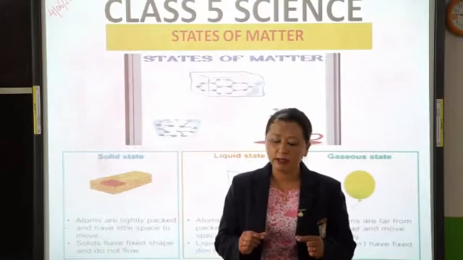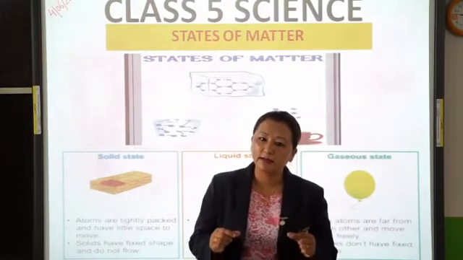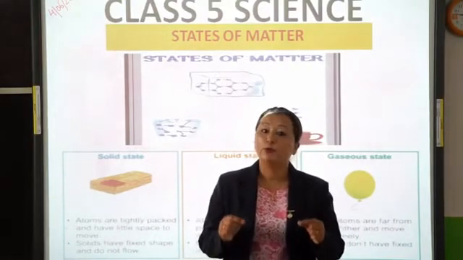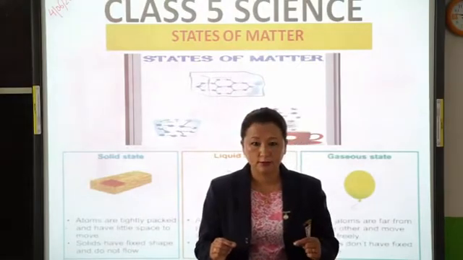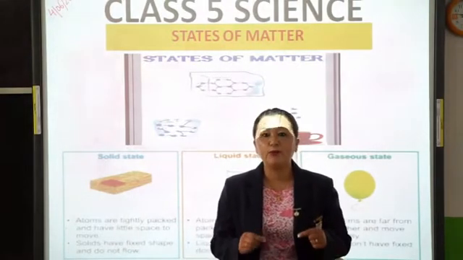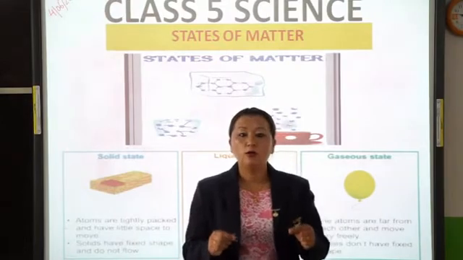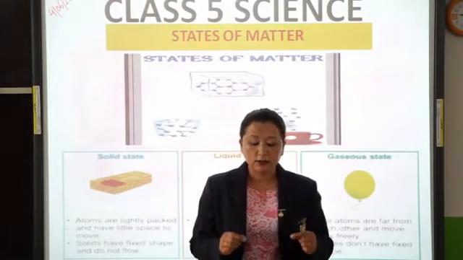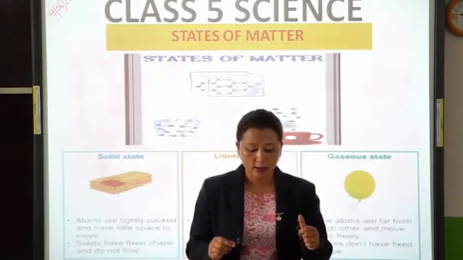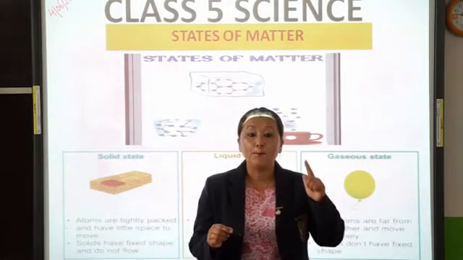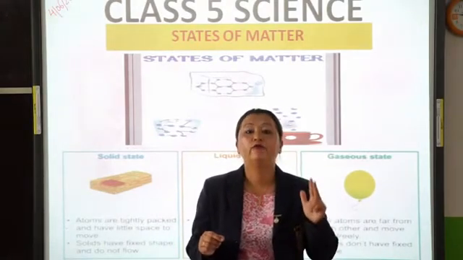A property is the way that something is that we can measure. The physical properties we will look at to determine the state of matter are shape, mass, and volume.